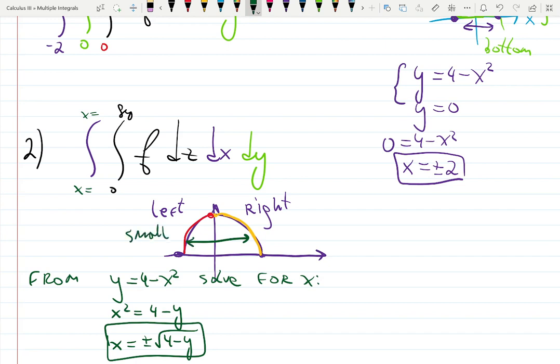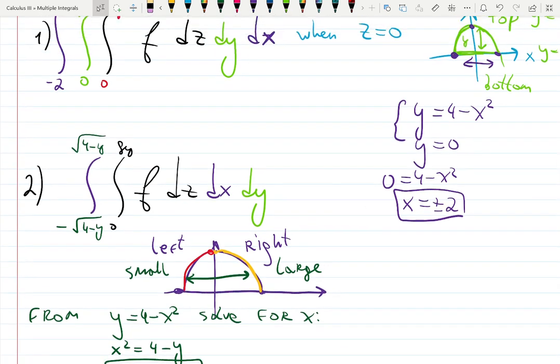From small to large, bigger and smaller, which is from minus the square root of 4 minus y to plus the square root of 4 minus y. Now that was dx, right? Supposed to be in purple. Let me change this to be purple. And this one is also 4 minus y.